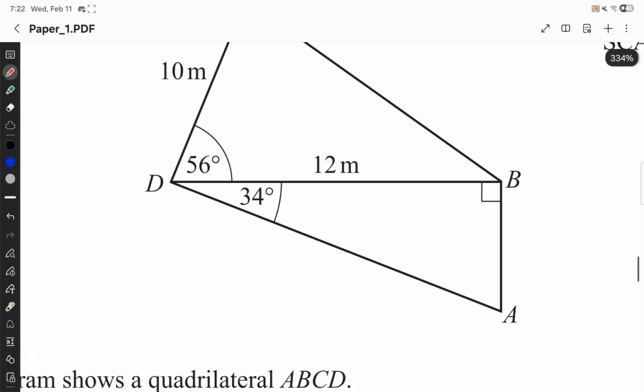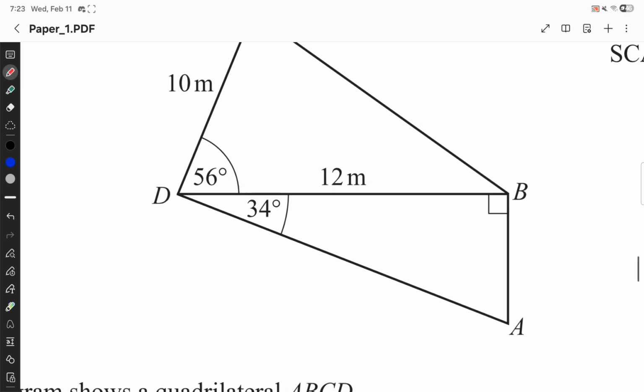Is this a joke or something? Dude, what do you mean AB? This is so easy. This is opposite over adjacent, TOA. Yeah, opposite over 12 is equal to tangent of 34.